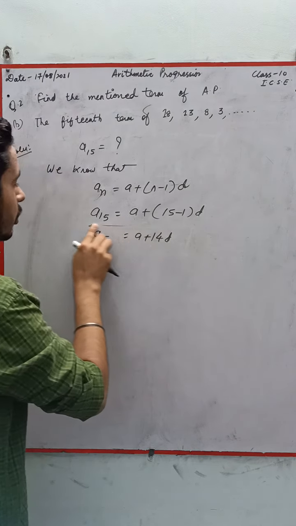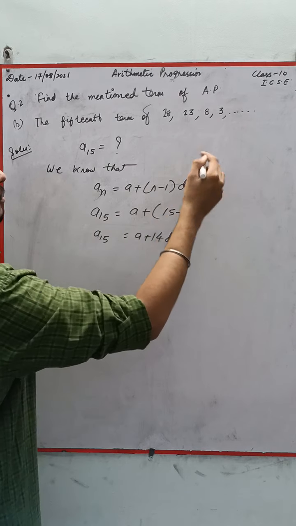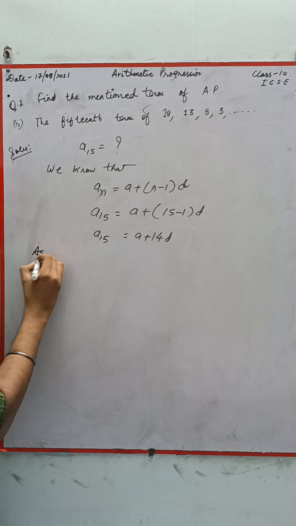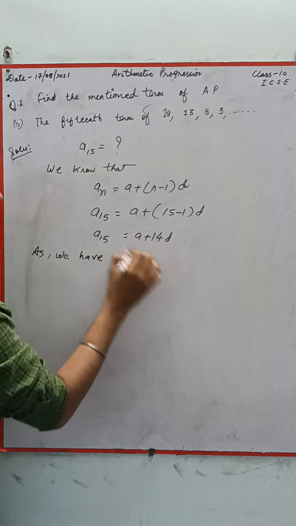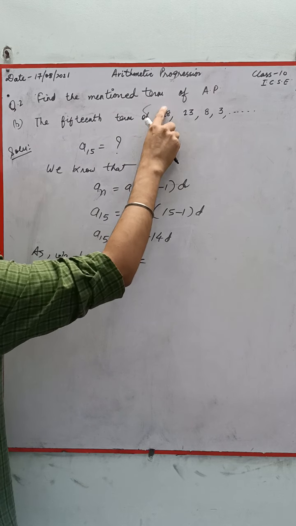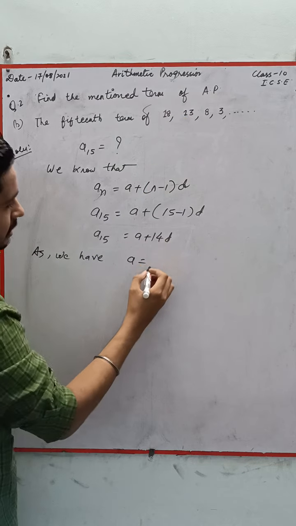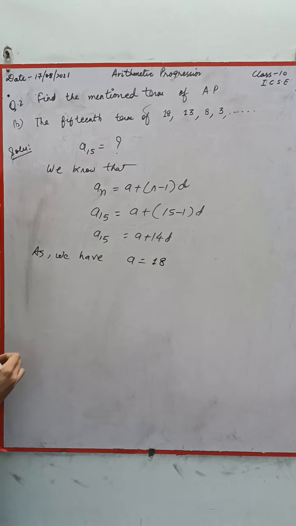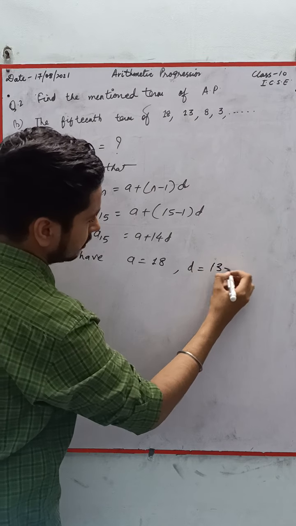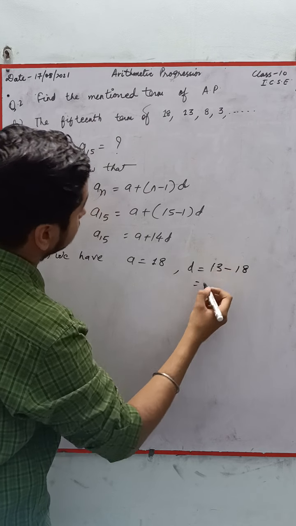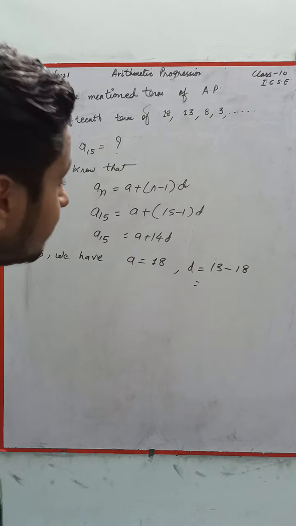So put the values now. So we have a, the first term of the sequence, which is 18, so a is 18. What is d with us? Second term minus first term. So 13 minus 18 is minus 5, no issues.